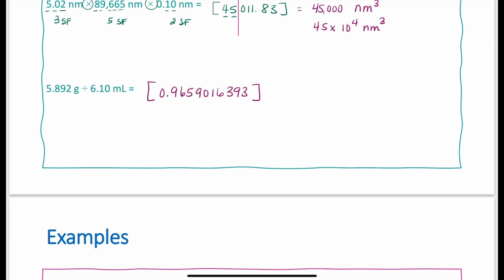But I am doing division, which means I'm looking at how many sig figs I have in each value. This value, overall 4 sig figs. This value, overall 3 sig figs. The least number of sig figs is 3. My final answer can only have 3 sig figs. So the 9, the 6, and the 5, the leading zeros are not significant.